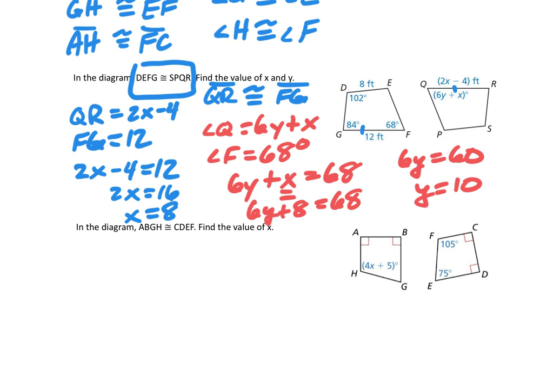Okay, questions on that? Okay, just looking at the statement is the most important part. Looking at the statement, because as I look at this picture, would you guys agree that it's really hard to determine what two pieces match up just by looking at the picture, since nothing's marked, right? If I said, what side does RS match with? Sometimes we might have a pretty good idea, but we don't really know for sure, right?